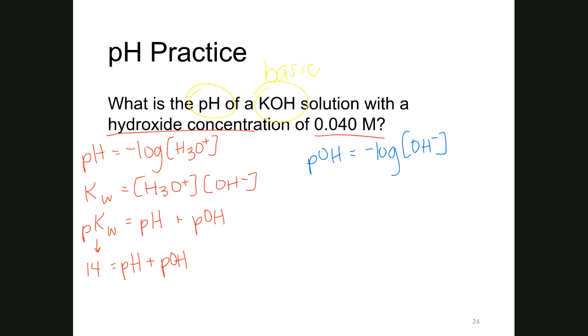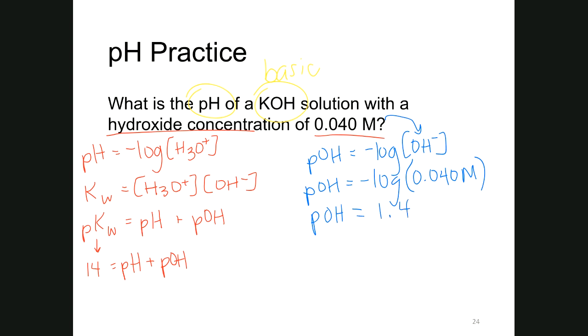So we're told our OH concentration, we can just go ahead and plug that in. So pOH equals the negative log of 0.04 molar. That will give us a pOH of 1.4.